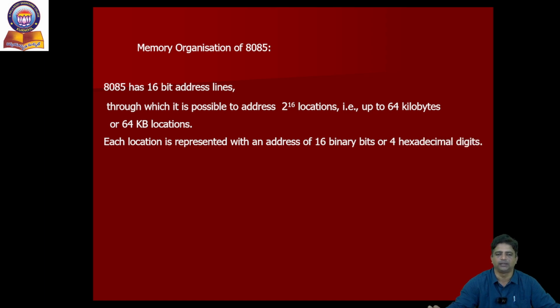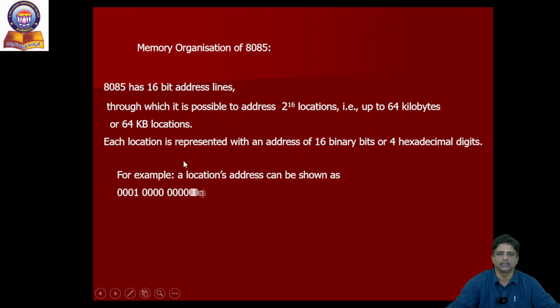So it can be represented as 64K by 8 in matrix format, and each location is represented using 16-bit address lines. 16 binary address lines can be written in 16 binary bits or 4 hexadecimal digits.